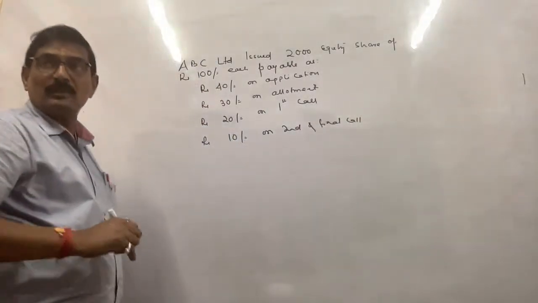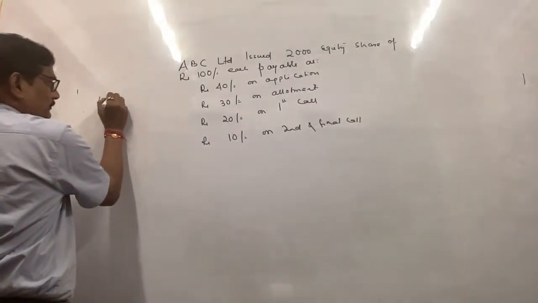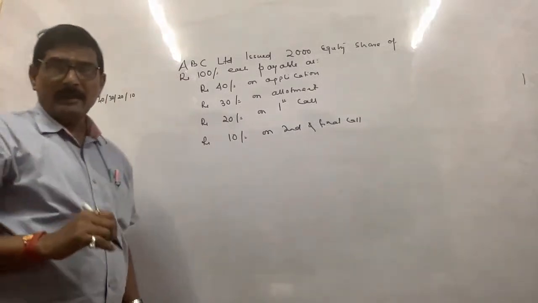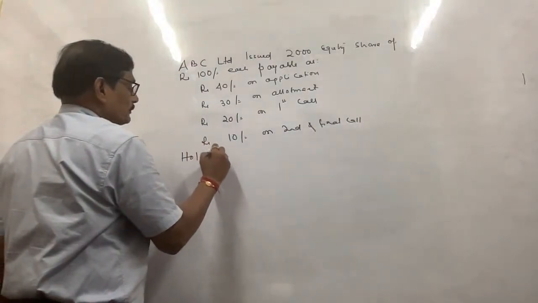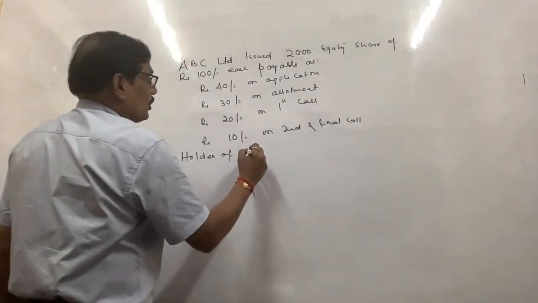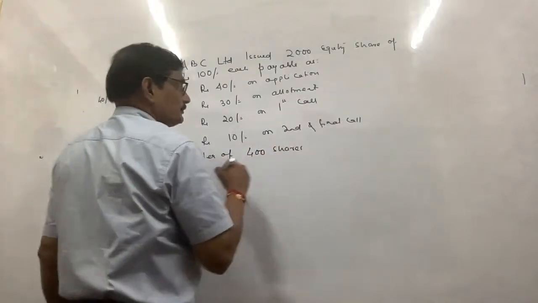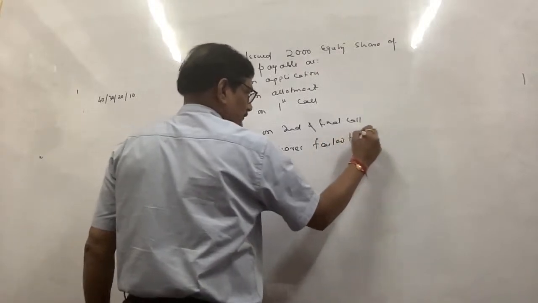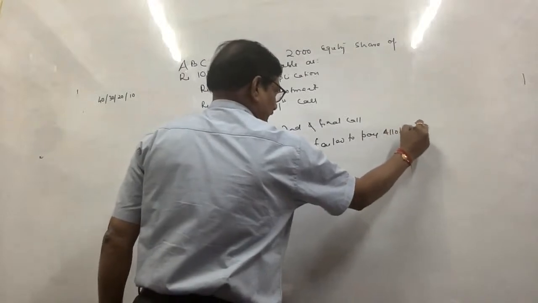You just note down the questions because I have to erase it. It is given that the holder of 400 shares failed to pay allotment money.